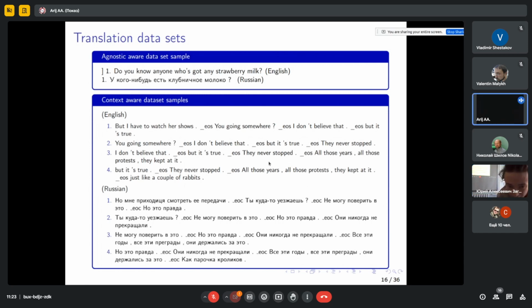Yes, I understand you. I just want to explain that I didn't implement or make any kind of contribution to this data set. This data set was ready to use, and I got it from a work of Yelena Voita. Yelena Voita has a work on the translation task with context-aware and context-agnostic translation.